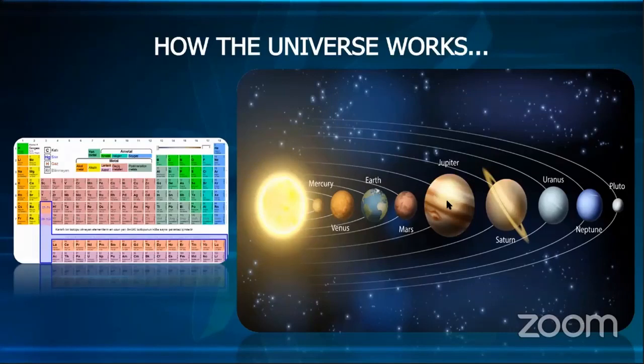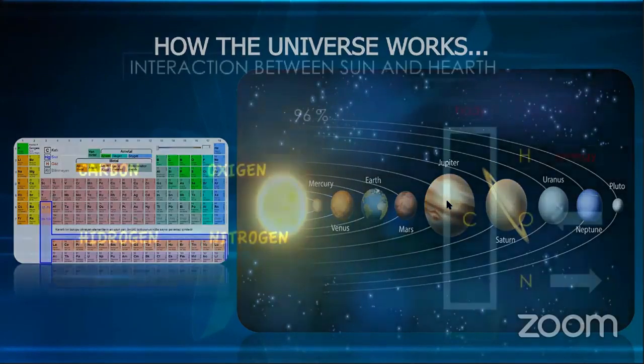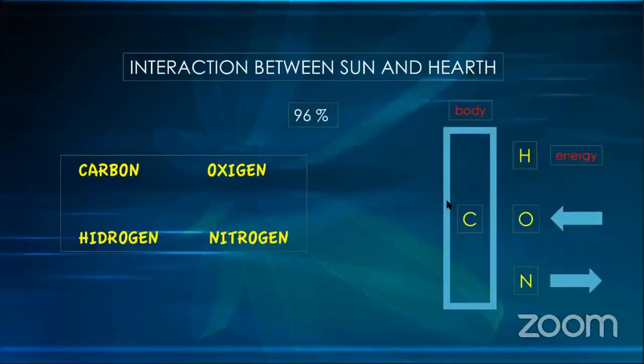There are different lives. So here on Earth, the interaction of the sun with Earth brings carbon, oxygen, hydrogen, and nitrogen, and they come to the body. Those elements work on the body and are continuously interacting with it. The carbon inside the body is connected to every single cell.